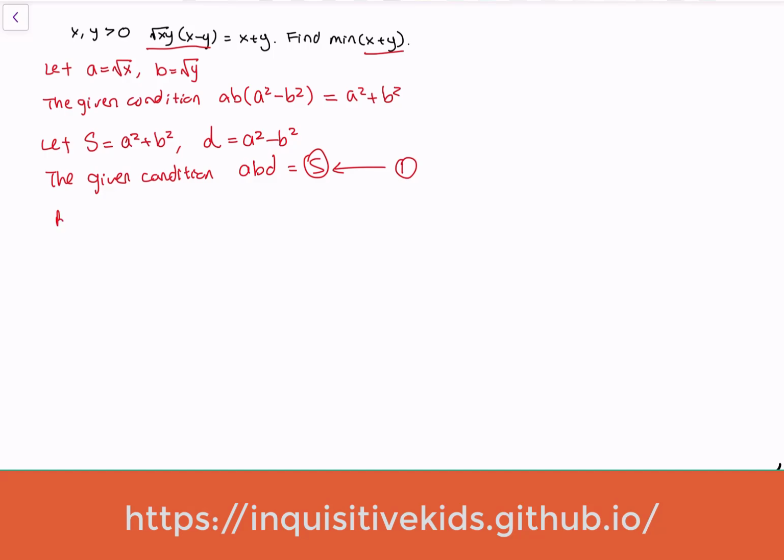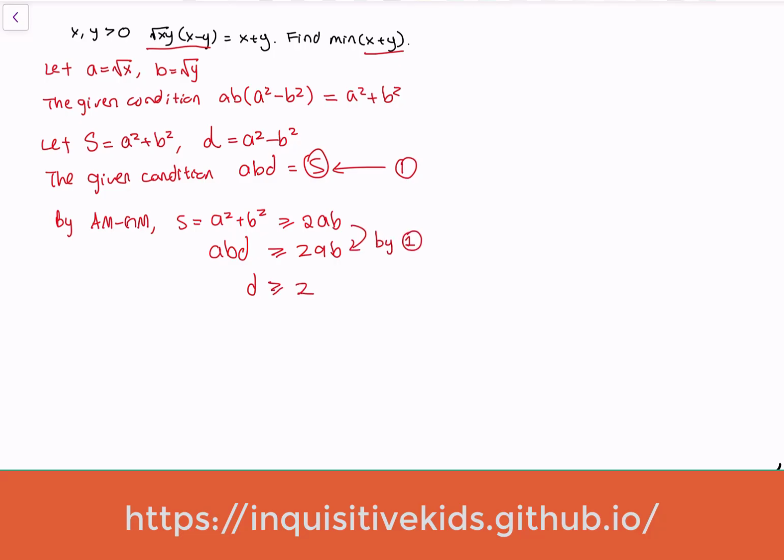So by AMGM, we know that S, which is equal to a squared plus b squared, must be greater or equal to 2 times AB. This means that if we resubstitute S with ABD, it's going to be greater or equal to 2AB. Now we can divide AB on both sides, so D must be greater or equal to 2.